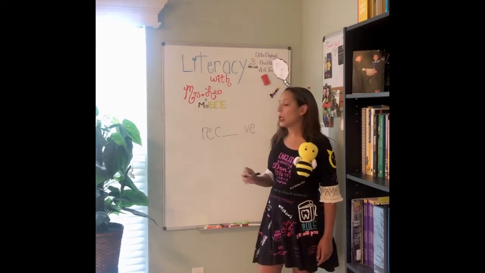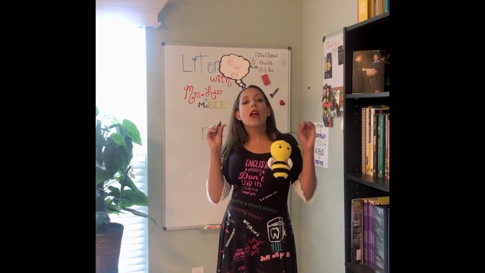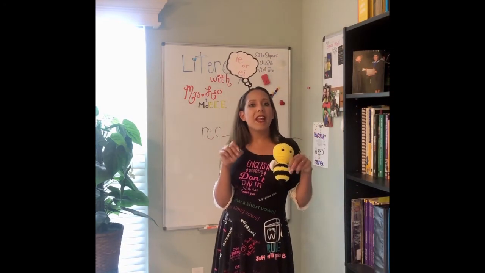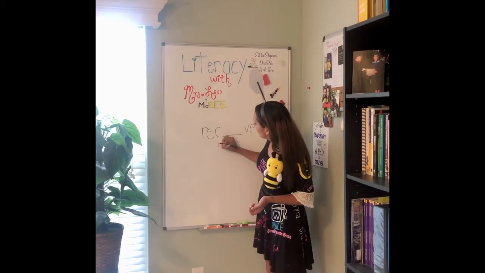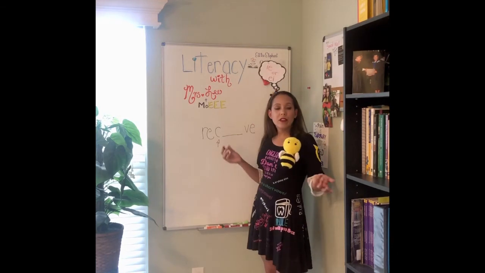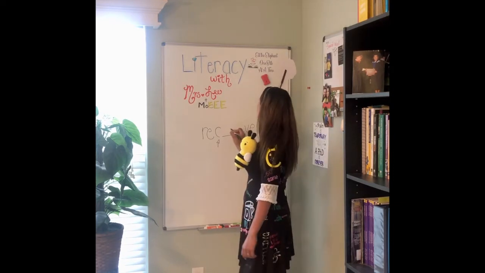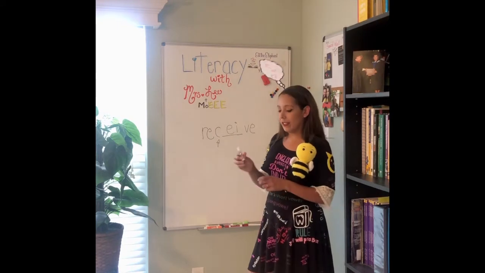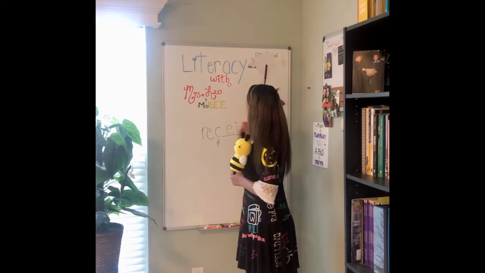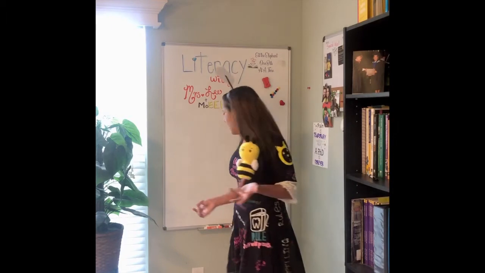I gave it away. I'm sorry. Receive. So let's think about that rule. I before E except after C. And look, we have a C. So that tells me that E sound is spelled with an EI. Receive.